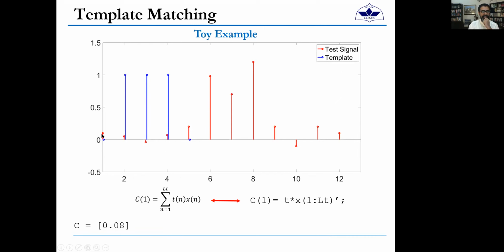So essentially this is this red signal multiplied with this blue signal, plus this multiplied by this, plus this multiplied by this, plus this multiplied by this, and so on and so forth. Okay? So this is going to give me a correlation. Yes, LT is the length of the vector T, and LX is the length of the vector X. Okay? So this gives me the correlation that I compute when the template is standing here.